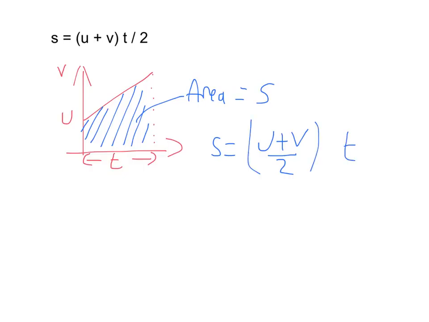Okay, so we can put that in brackets there, multiply it by the time, which is the same as the equation I've written at the top left. Really, this is the easiest of the suvats to comprehend, because it is just a question of distance being average speed times time, something which you'll hopefully be already familiar with.